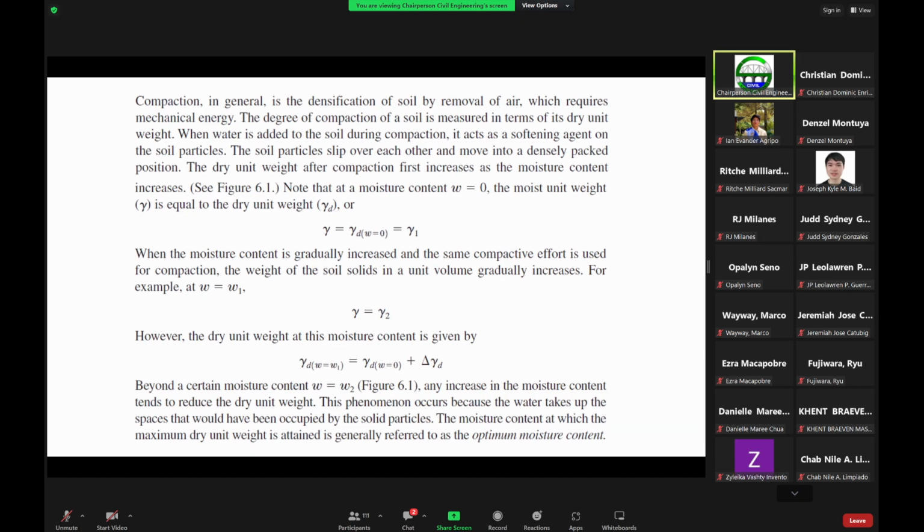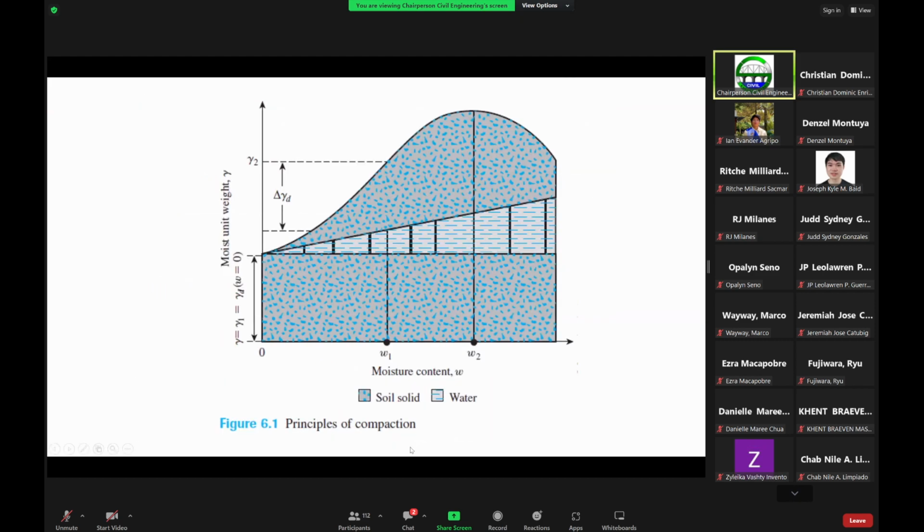Now, in this case, the moisture content at which the maximum dry unit weight is attained is generally referred to as the optimum moisture content. So if you look at the figure here, at a certain moisture content, say now at W sub 2, this is the amount of moisture content that you're adding.